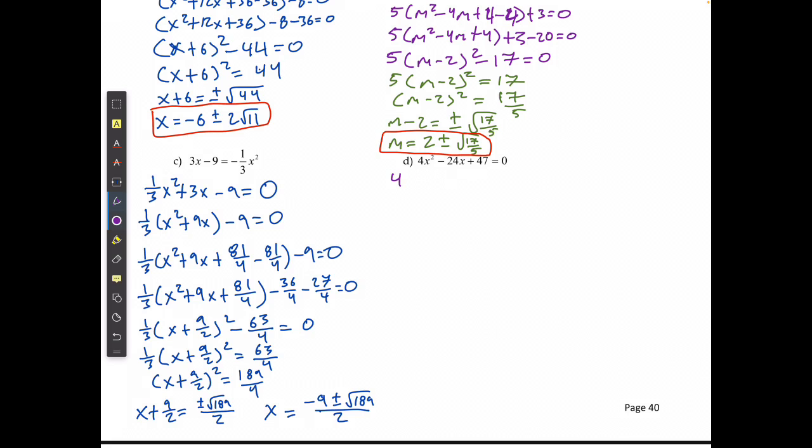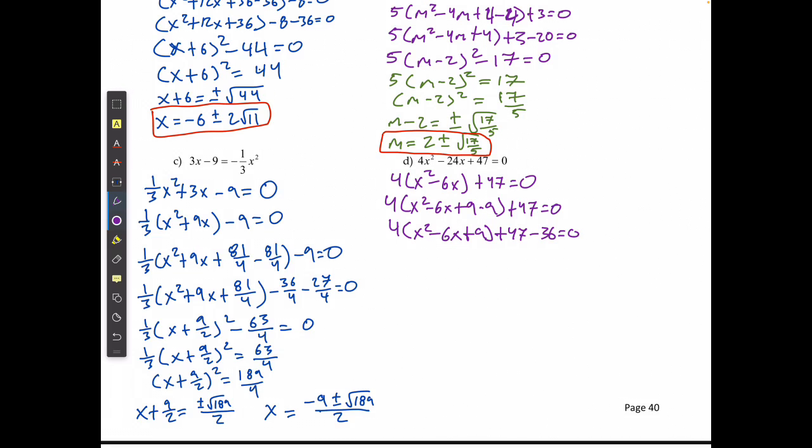I'm going to divide the 4 out of the first two terms, x squared minus 6x, and then plus 47 is equal to 0. 4 bracket x squared minus 6x plus 9 minus 9 plus 47 is equal to 0. 4 x squared minus 6x plus 9 plus 47 minus 36 is equal to 0.